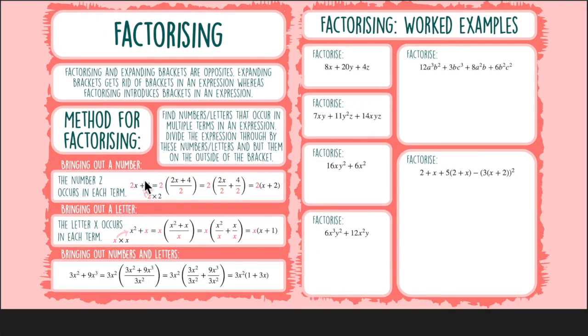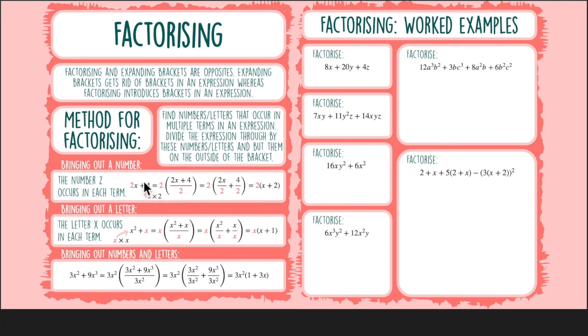Take this expression here, 2x plus 4. If we want to factorise this expression, you need to look for either numbers or letters that occur in each term. Well, I can see that this term has a 2 in it, and I can also see that this term has a 2 in it because 4 is 2 times 2. This means that 2 is a common factor for both of these terms.